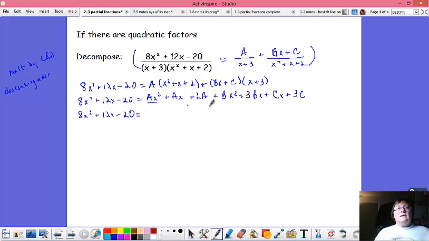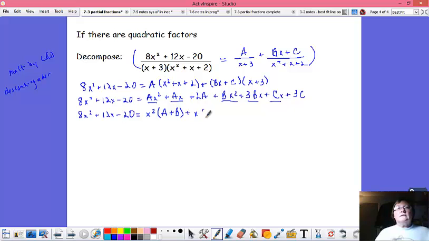But here are the things that have a squared with them. So x squared is going to get multiplied, or what we're doing is joining these and factoring out an x squared. So it's going to be A plus B. Now we have to look at the things that have an x in it, and we have 3 of them.